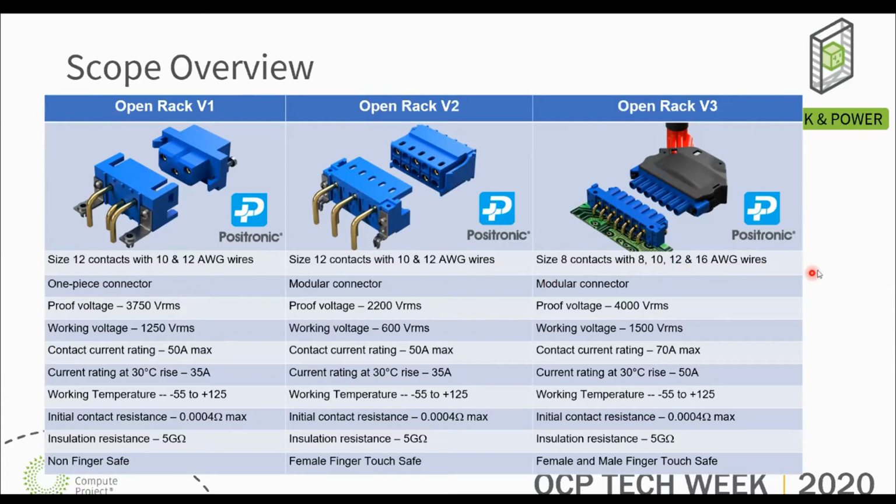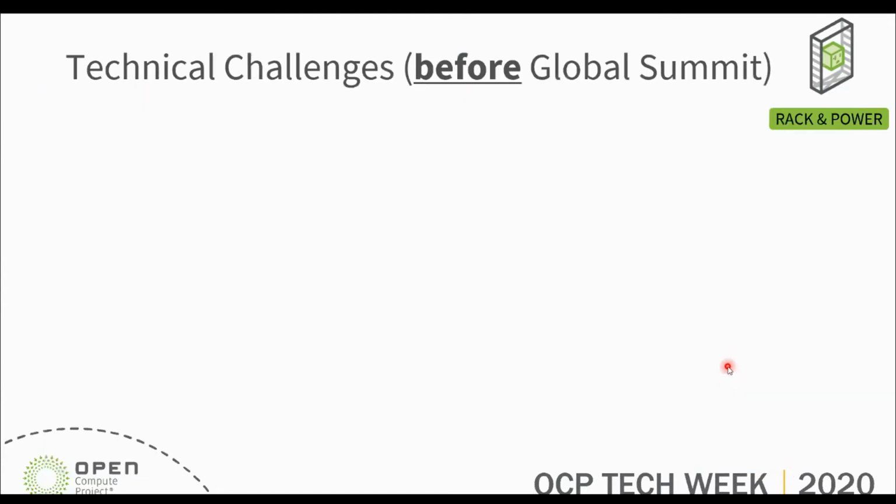The power requirement, or the capacity of the connector, keeps increasing and we have to push it to the max. So we are using the size 8 contact. Some of the numbers are in the spec, but it's just to compare V1, V2, and V3, and how the connector has evolved from the 3-pin version to this 7-pin version right now.